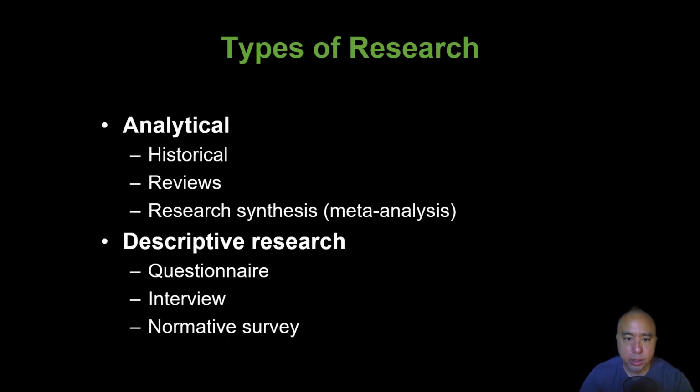I'll go over this real quickly, the different types of research that you'll find in the literature that perhaps you potentially will perform as part of your career. There's analytical, where you're looking back, historical data, looking at reviews, systematic reviews, or meta-analysis, which is a statistical analysis of multiple data sets from different studies. Research can be descriptive in nature, where you just simply want to know the characteristics of a certain population.